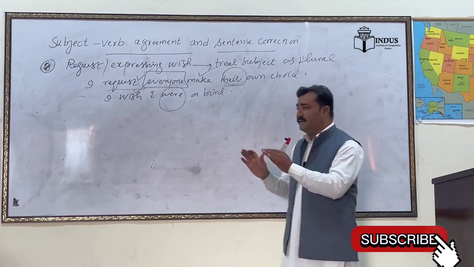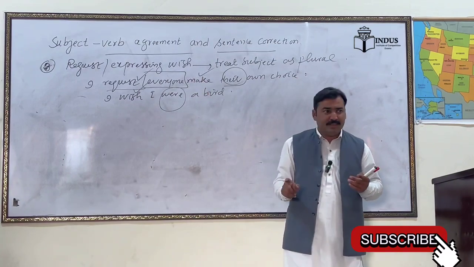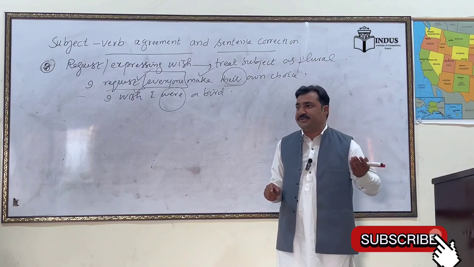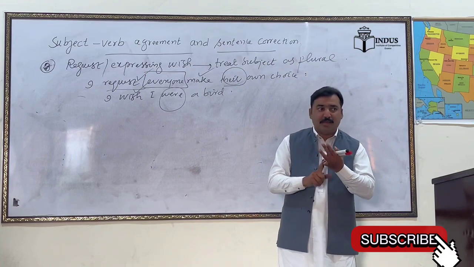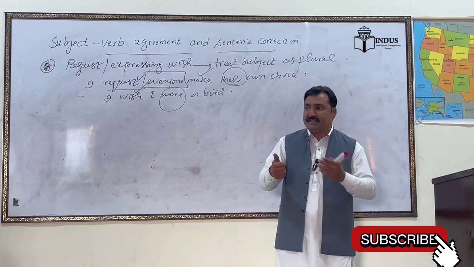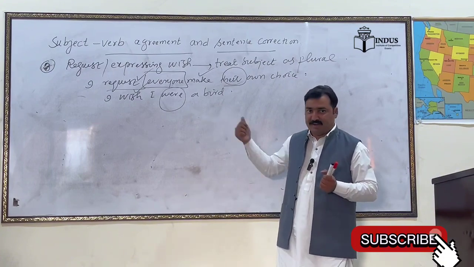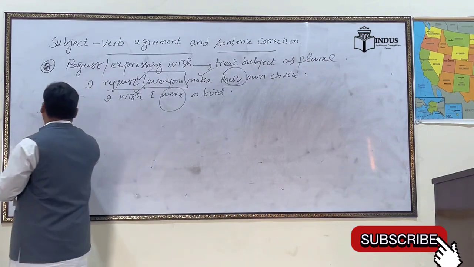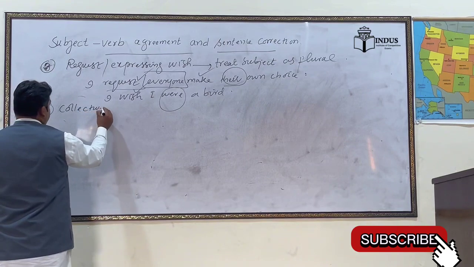So remember that if you are requesting something or making a wish, you have to treat your subject as plural, not in the normal way we use it as singular. Got it? Now, after that, we have another thing, and that is the collective noun.